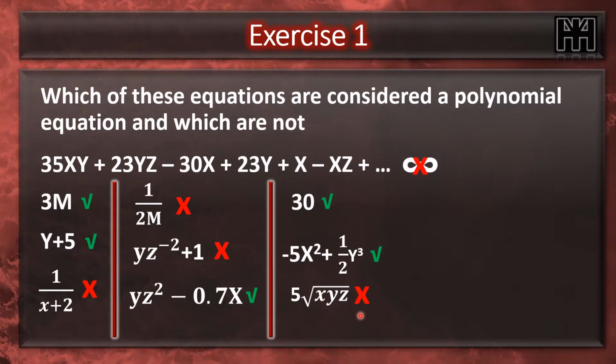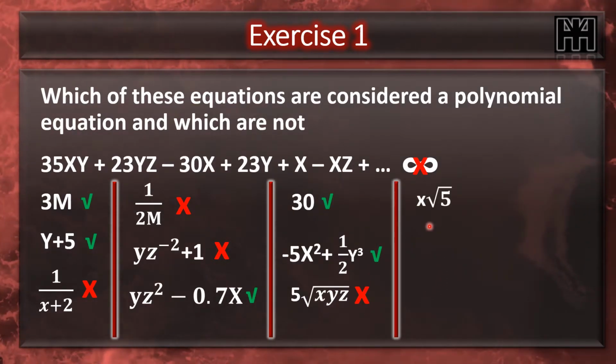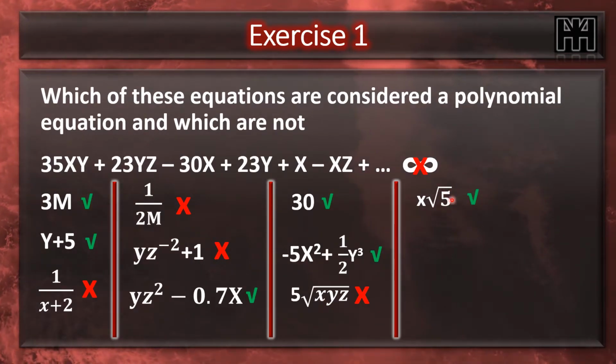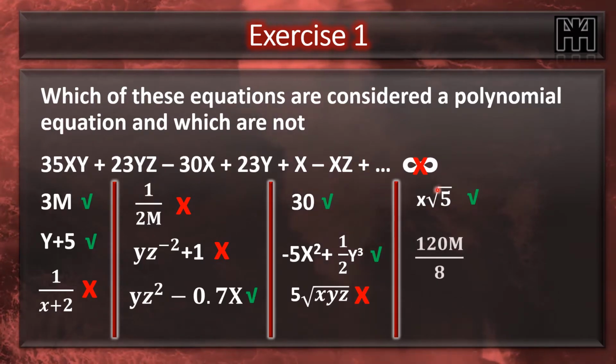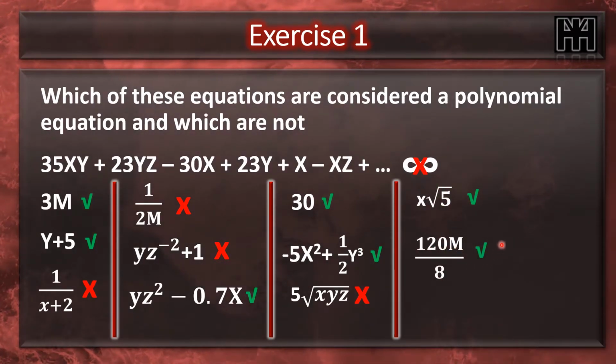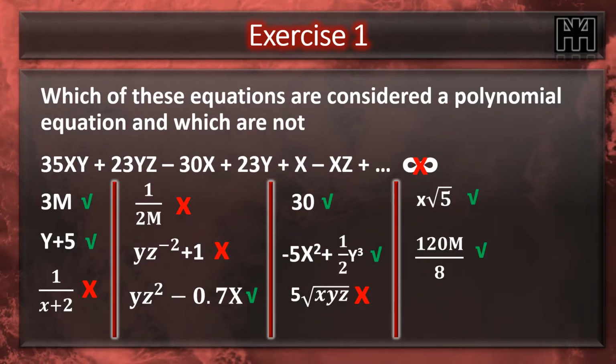We only have powers as positive integers. x square root of 5, it's a polynomial. Square root of 5 is a constant number. 120m over 8, it can be a polynomial. This is the coefficient of m, 120 over 8.